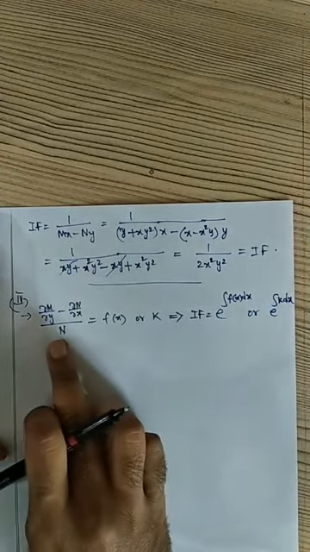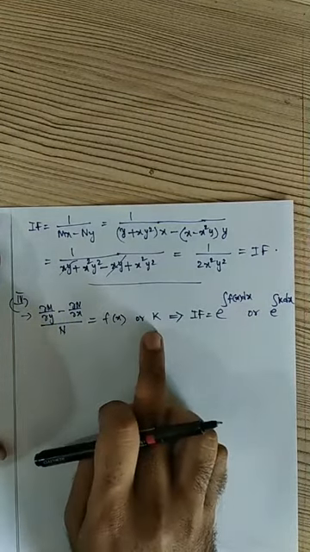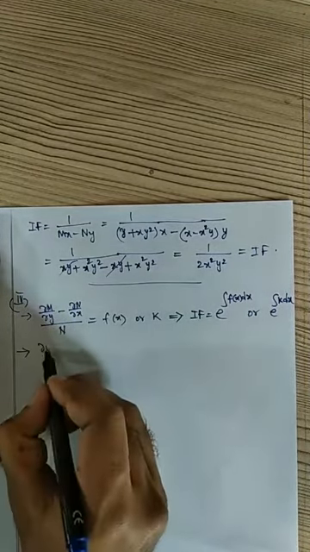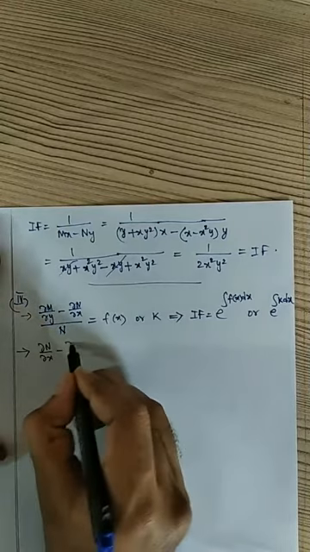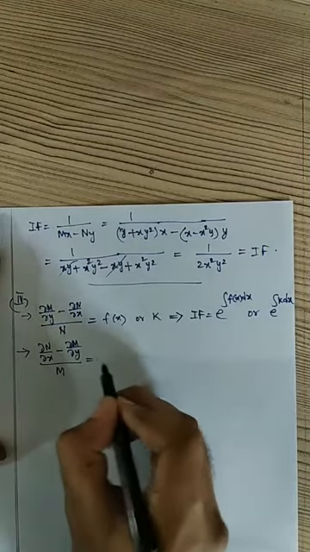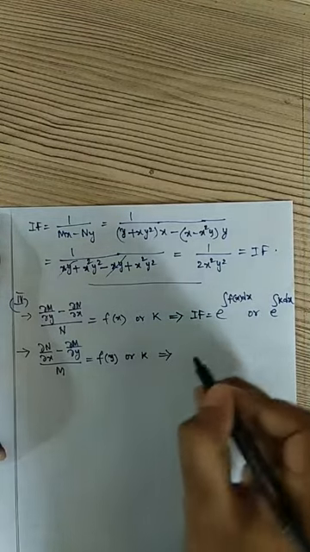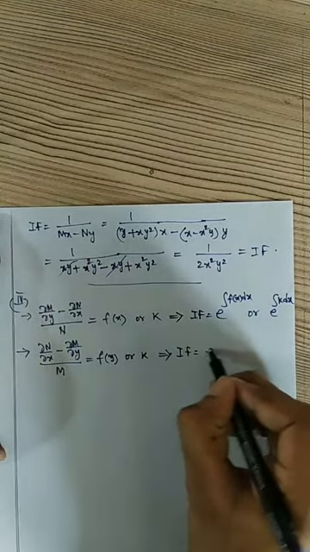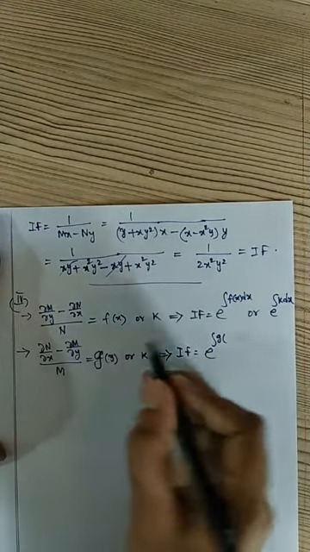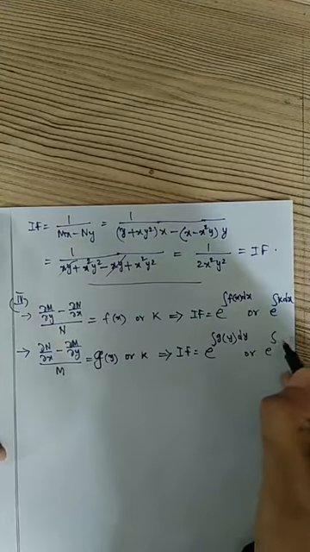If not, that is, when we are evaluating this, suppose some y is mixed here and it is not a constant, then we have to reverse this: dou n by dou x minus dou m by dou y, by m. This should be a function of y or some constant k. Then the integrating factor is given by e power integral g of y dy, or e power integral k dy, right?